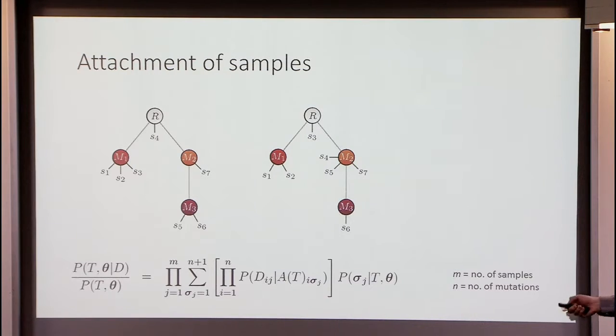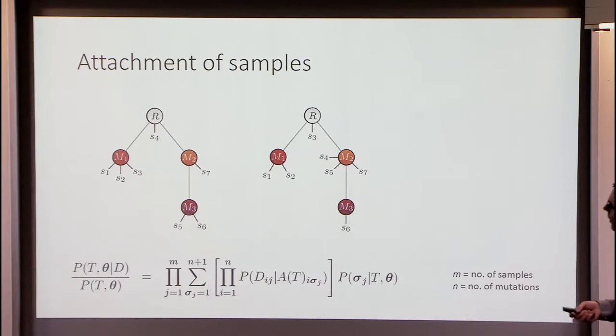But it turns out the likelihood will factor over the individual mutation, so that's just a product here over the samples, and then there is a sum only over the possible values for each sigma j. So you don't need to consider this exponential number of possibilities, but only this product over the samples.